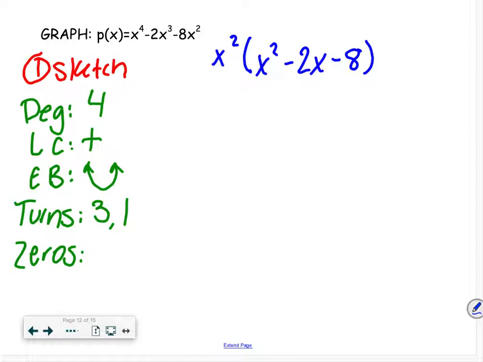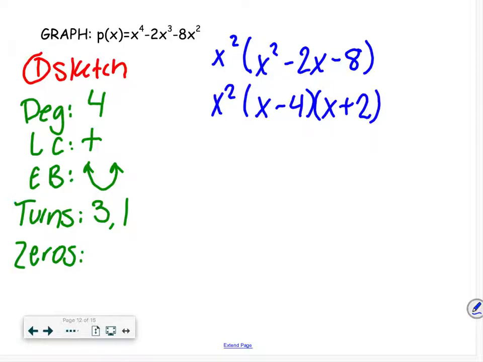Can you think of 2 numbers that multiply to negative 8 and add to negative 2? 2 and 4, which one has to be negative? Negative 4. So I still have my x squared, then we have x minus 4, x plus 2. Those multiply to negative 8 and add to negative 2.